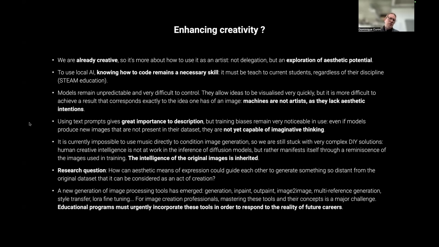We choose, we change the parameters, we make selections, etc. So prompts give great importance to description, but it's not so easy to have a description that produces the exact image you have in your mind. So these machines are not yet capable of imaginative thinking. We are here to do it.